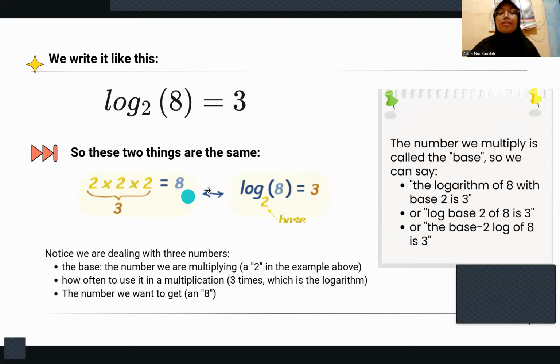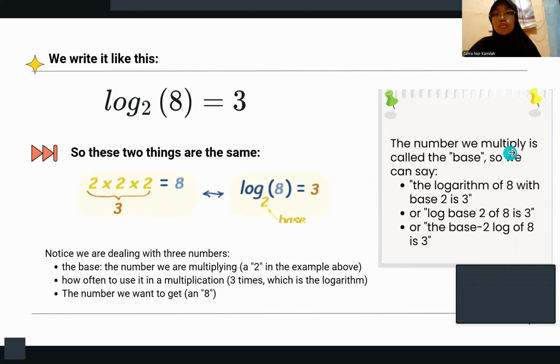These two things are the same: 2 times 2 times 2 equals 8, and log base 2 of 8 equals 3.